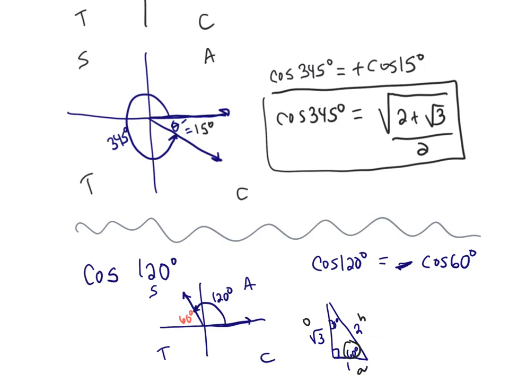So the adjacent over hypotenuse is 1 over 2. So the cosine of 120 is negative 1 over 2. So really some pretty simplistic ways to find the trig function values of bigger angles. We will actually simplify this in the next section to use what's called the unit circle that helps us find a lot of these exact values.